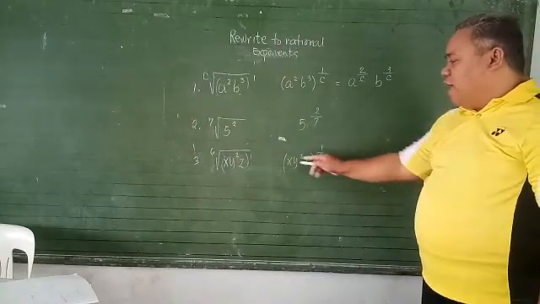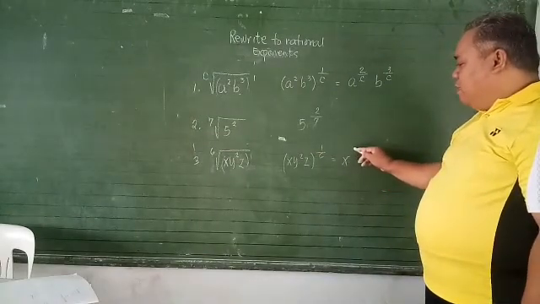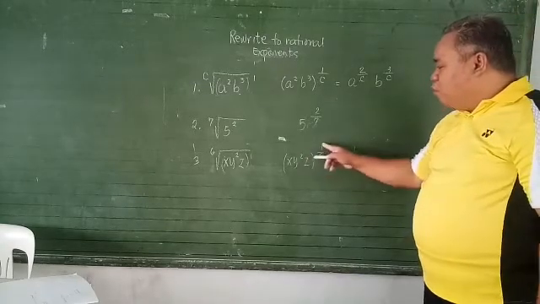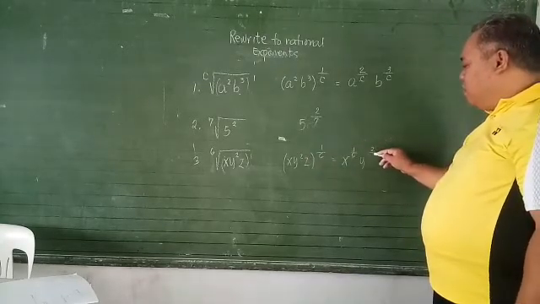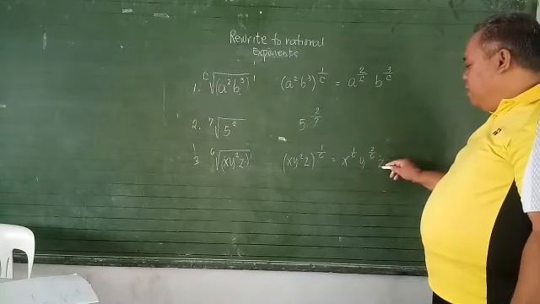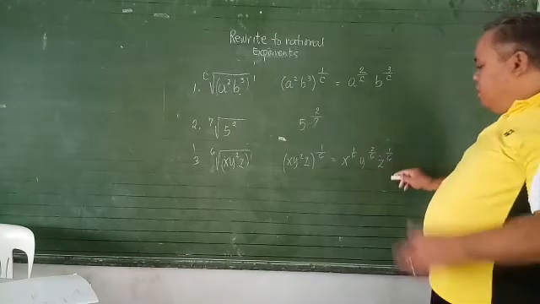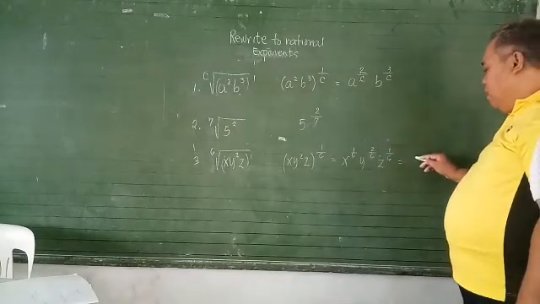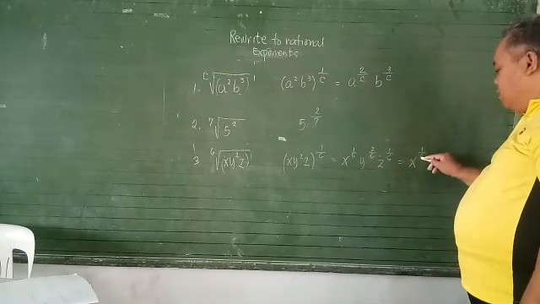Then we simplify. This is x to the 1 over 6, then y, multiply the 2, that is 2 over 6, and then z to the 1 over 6.